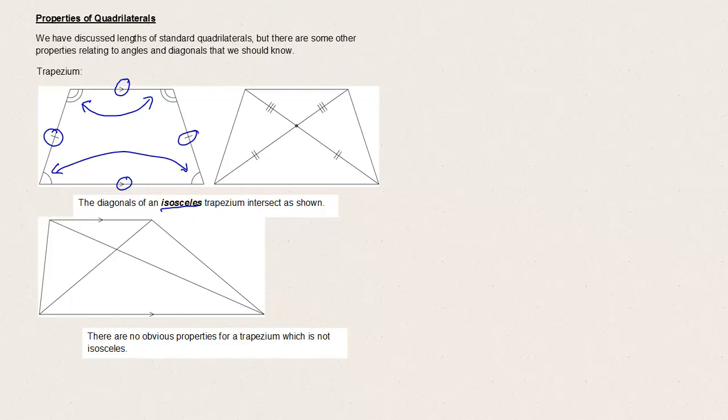The diagonals are equal in length. They don't bisect, but they do cross, so that these two are equal in length and these two are equal in length. But if we have a trapezium that isn't isosceles, there are no obvious properties.